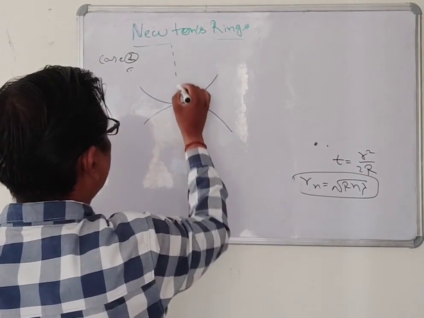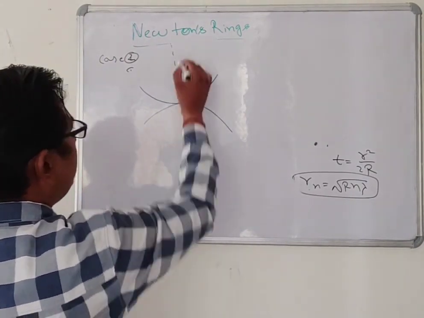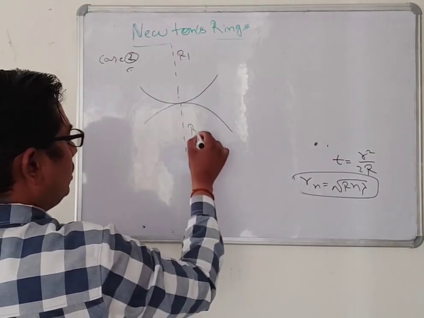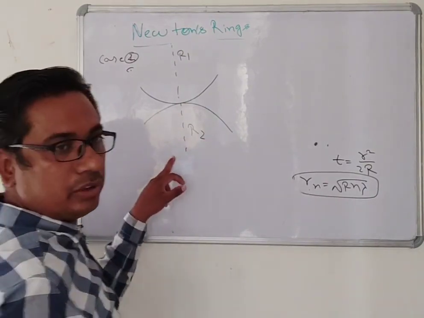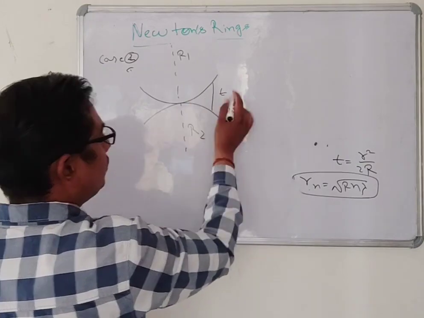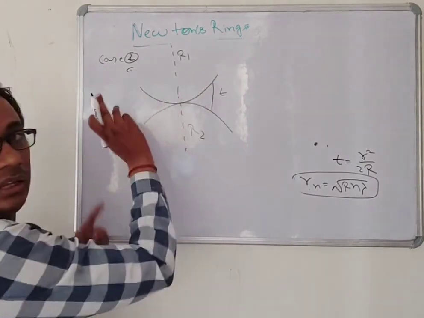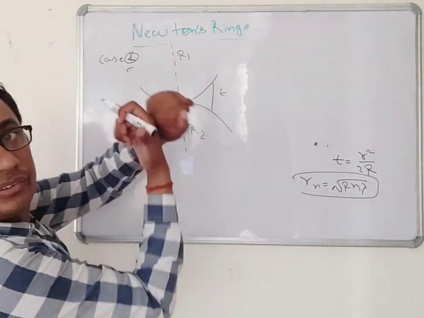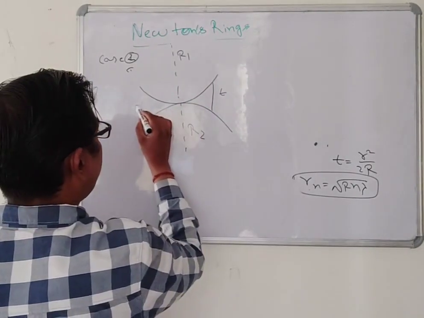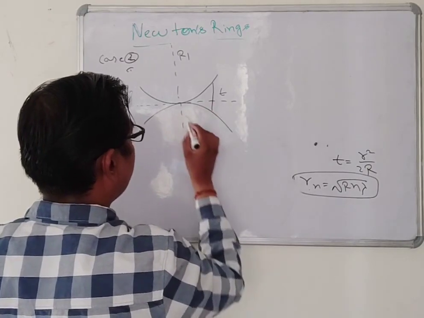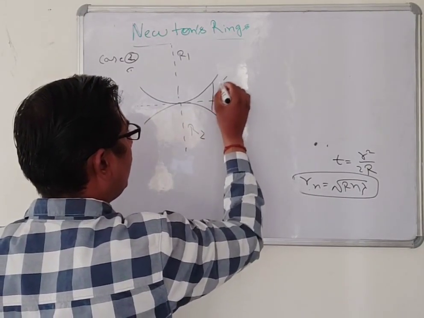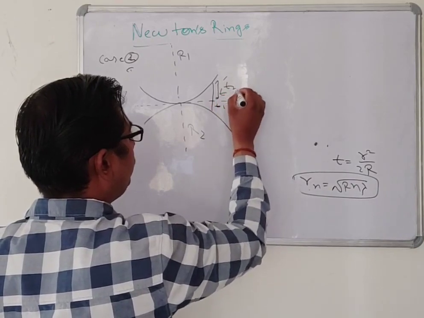Here R1 is the radius of curvature of this plano-convex lens, and R2 is the radius of curvature of the other plano-convex lens. Here T is the thickness of the film made between the two curved surfaces. Suppose this is the surface of the lens; the thickness from here to here is T1 and the thickness here is T2.